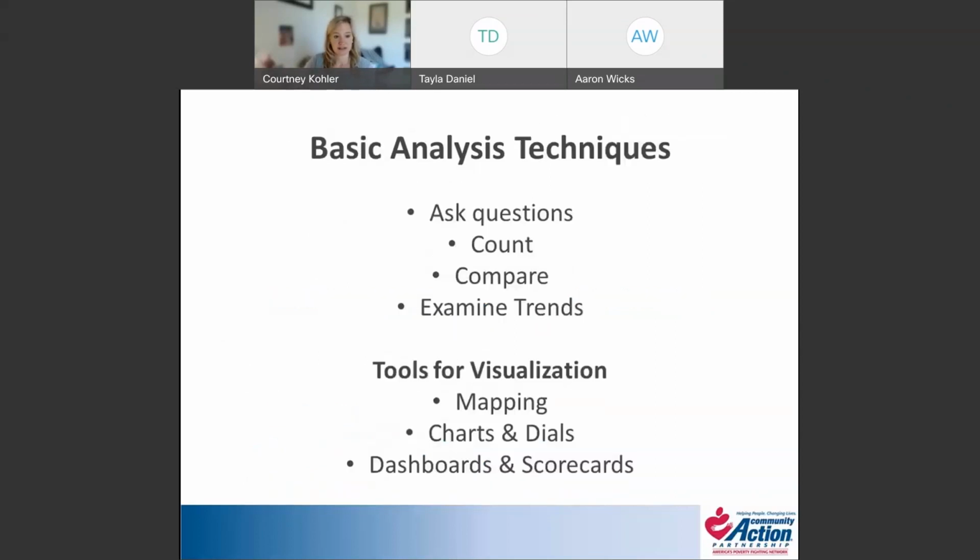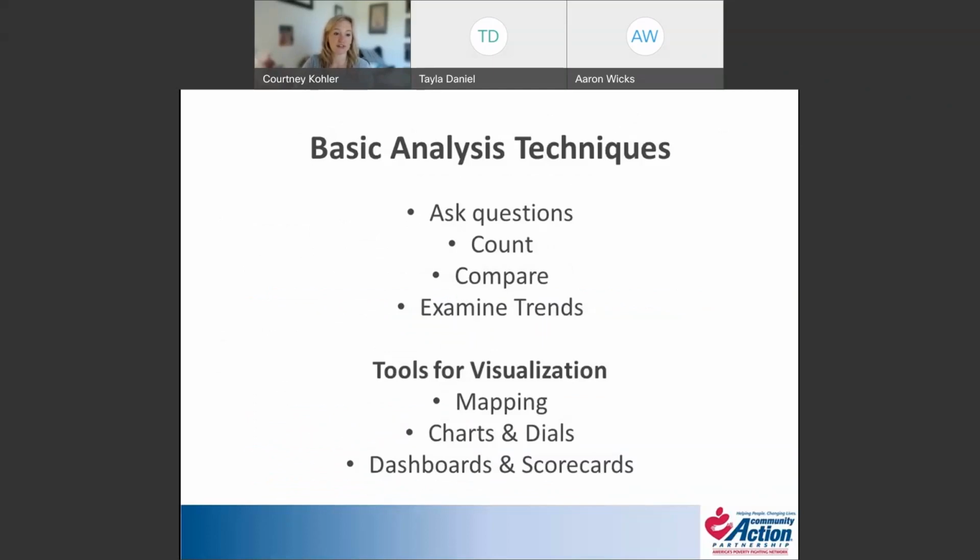And then some of our basic analysis techniques. Again, you don't have to be a statistician or a mathematician to do data analysis. It can really all start with some very basic techniques such as asking questions. And if you don't know where to start, two really good questions. The first one is why. You can just start with why.